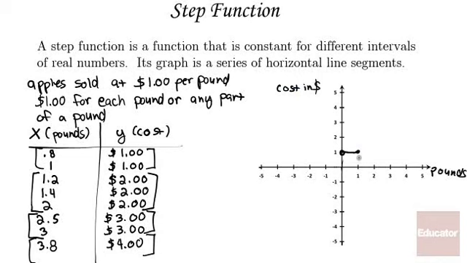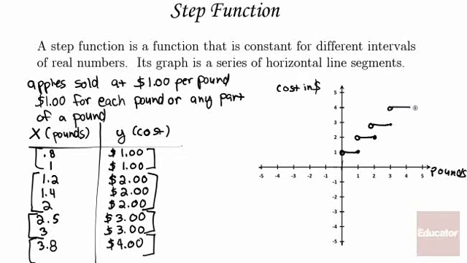Now, once I get just above 1, let's say 1.1 pounds, they're going to charge me $2. So not including 1, but just above it, so open circle, all the way up to 2. At 2 pounds, I will also be charged $2. Once I hit just above 2, I'm going to be charged $3, all the way to and including 3, and on.